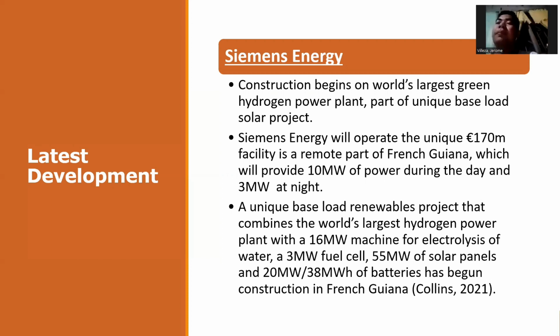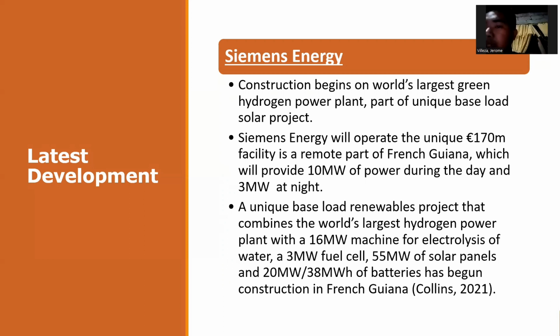Siemens Energy will operate the units in the unique 170 million euros facility. It is a remote part of French Guiana, which provides 10 megawatts of power during the day and 3 megawatts at night.